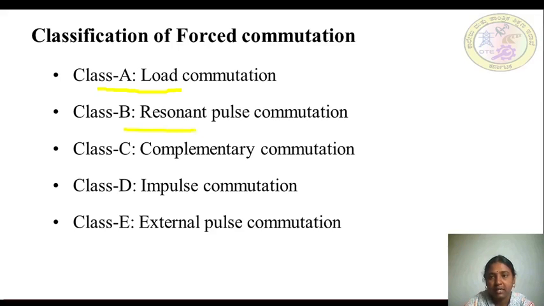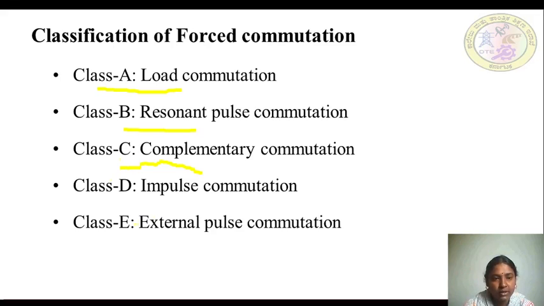Here the SCR is turned off by gradual build-up of resonant current in the reverse direction. The third is class C or complementary commutation. Turning on of one SCR will forcibly make another SCR go into the off state and vice versa.